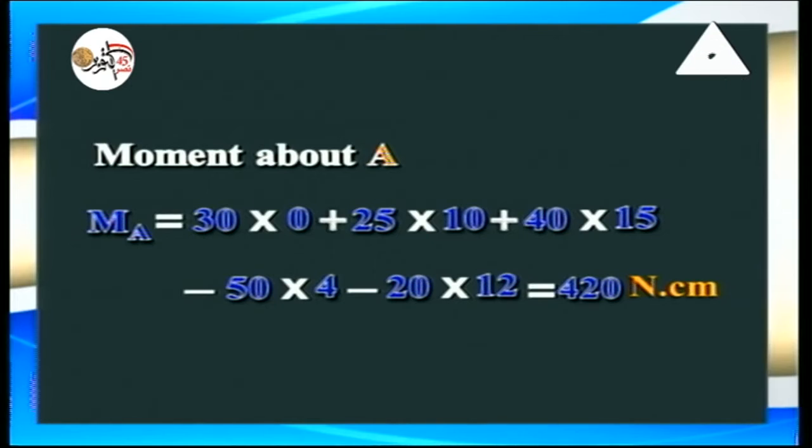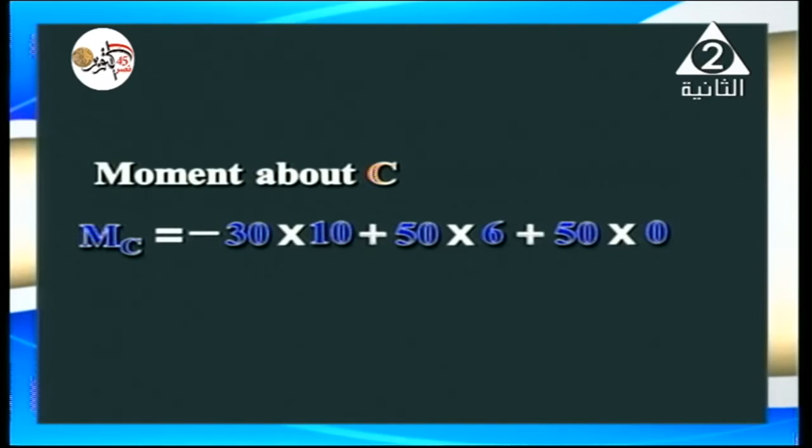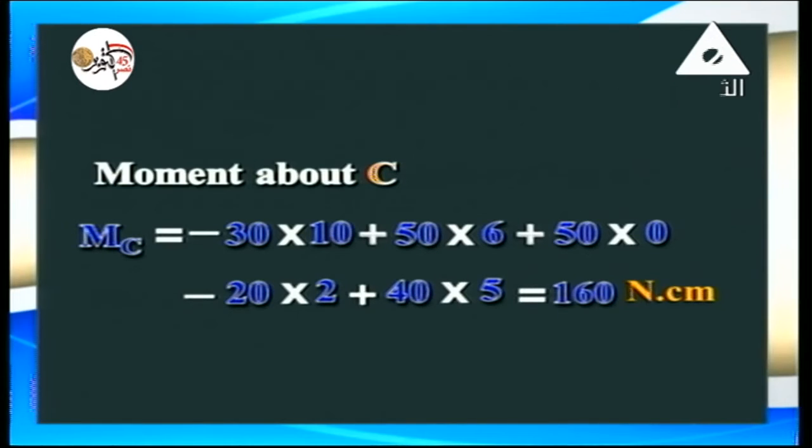My dear student, moment about C by the same method: negative 30 times 10 plus 50 times 6 plus 25 times 0, negative 20 times 2 plus 40 times 5 equals 160 Newton centimeter.